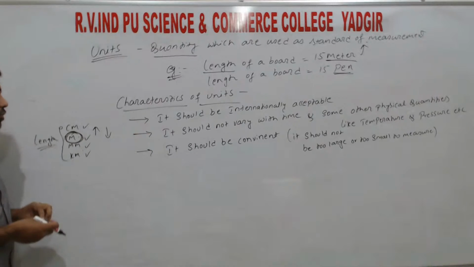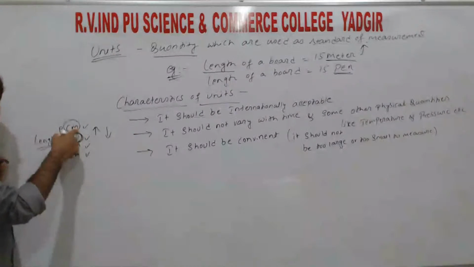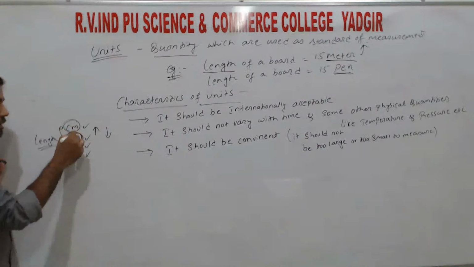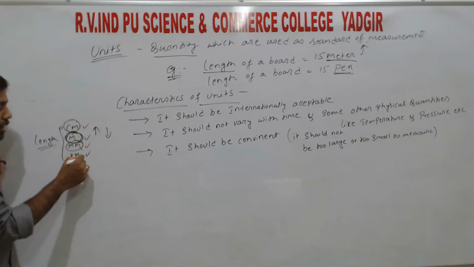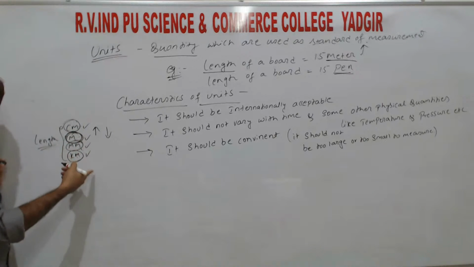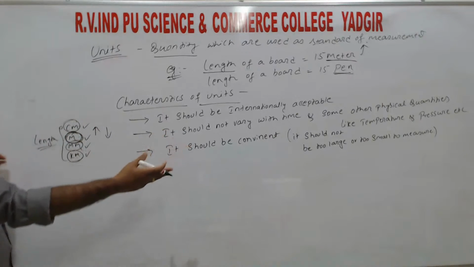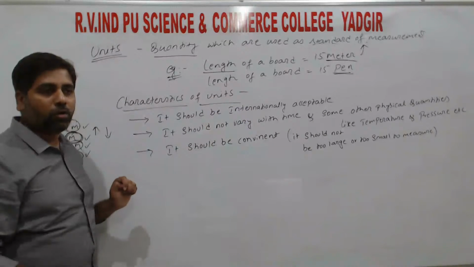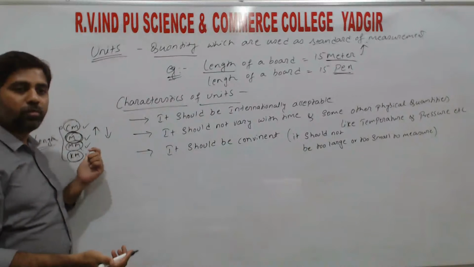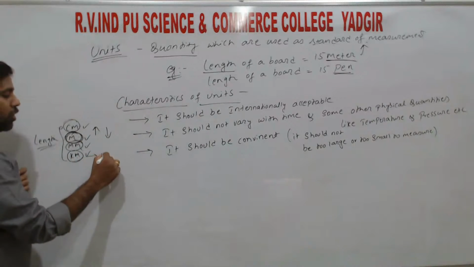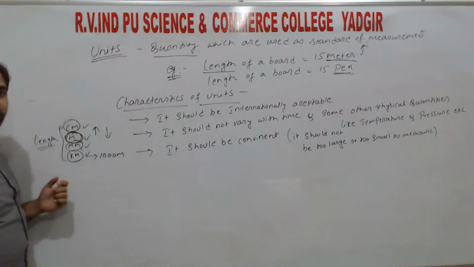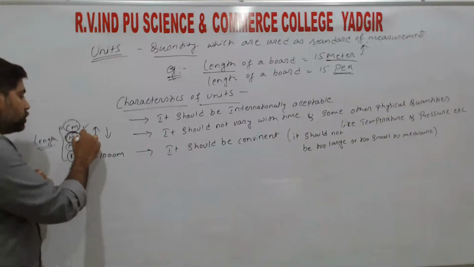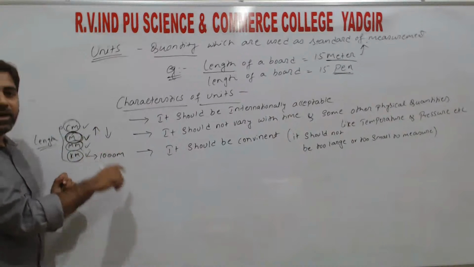Here centimeter is small, millimeter is too small, and kilometer is too large. If I am measuring the length of this board, we can't measure it in terms of kilometer, right. That value is almost 1000 times the meter. That's why we choose the meter as the standard unit, right.